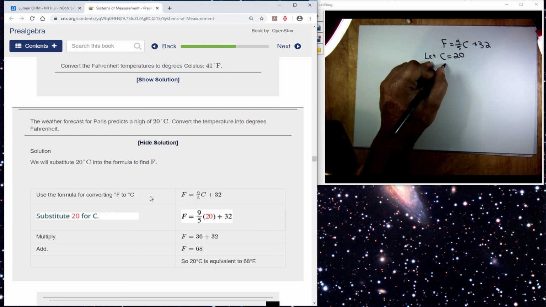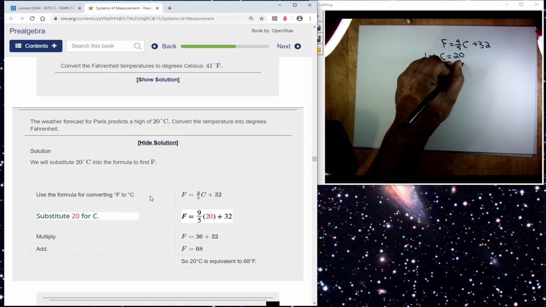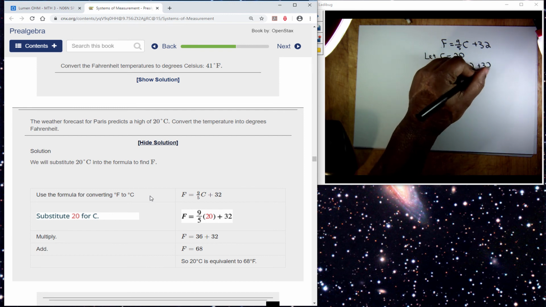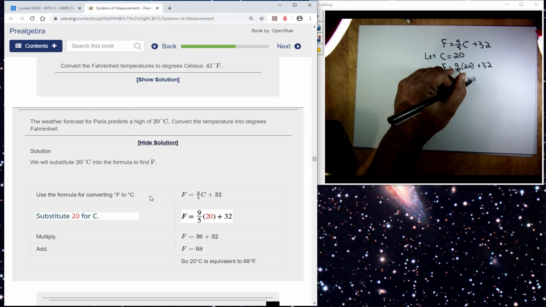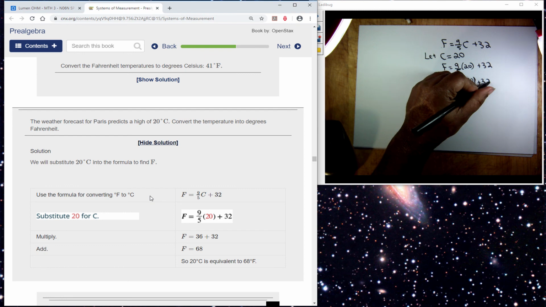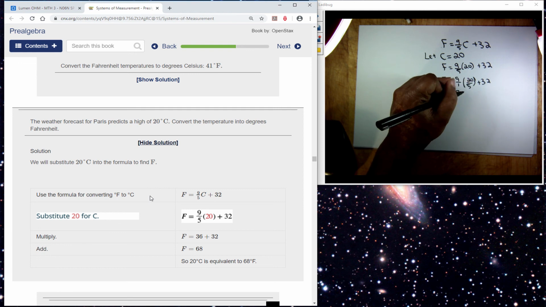The third thing I do is replace the variables with values. And then the fourth thing is I simplify the expression. Twenty divided by 5 is 4.